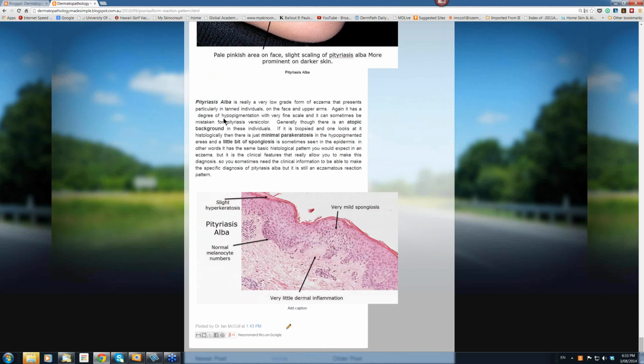So I've said it's low-grade eczema presenting particularly in tanned individuals on the face and the upper arms. The hypopigmentation is just that the process interferes with the normal production of melanin from melanocytes. It's not that there's any real reduction in melanocytes. There are normal melanocyte numbers along the basement membrane here. You might get minimal parakeratosis in the hypopigmented area, and a little bit of spongiosis. But gee, you have to look hard to see that.